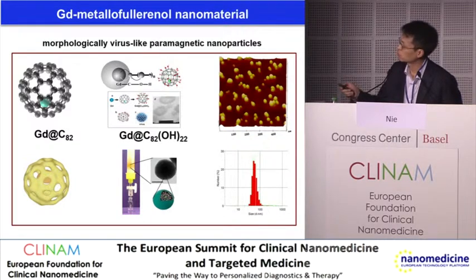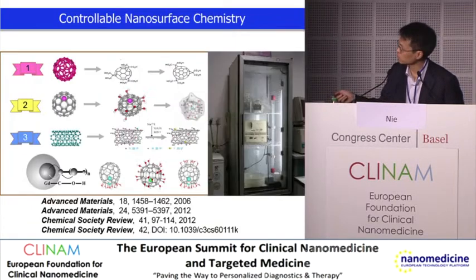The basic structure is like a football, a ball. You can insert a metal inside, and the metal can interact with the surface functional groups, so together it is a new type of nanostructure.